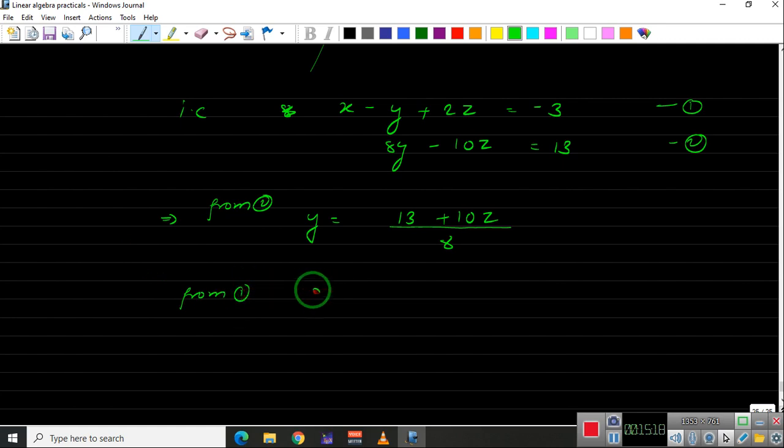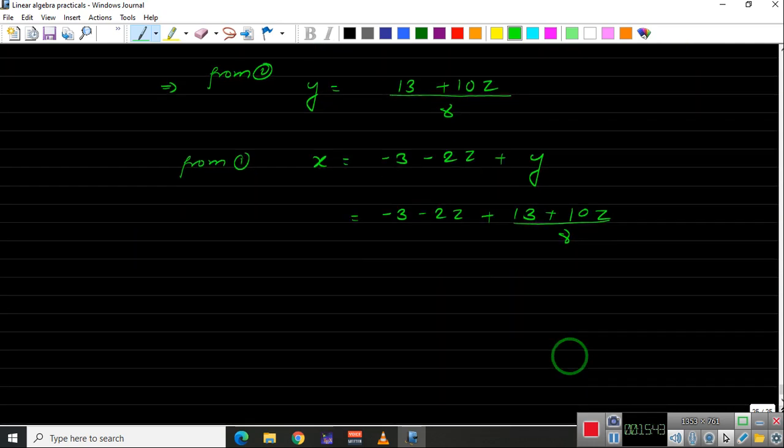From 1, we have x equals minus 3 minus 2z plus y, right? And already we have y in terms of z. So this gives minus 3 minus 2z plus 13 plus 10z, whole divided by 8. So let z equal t, the parameterization.